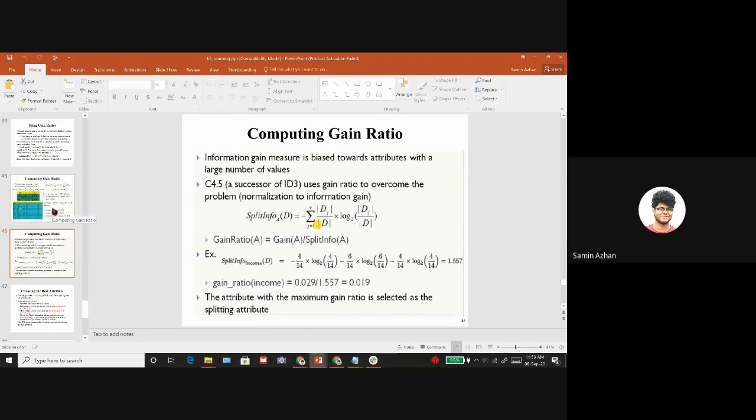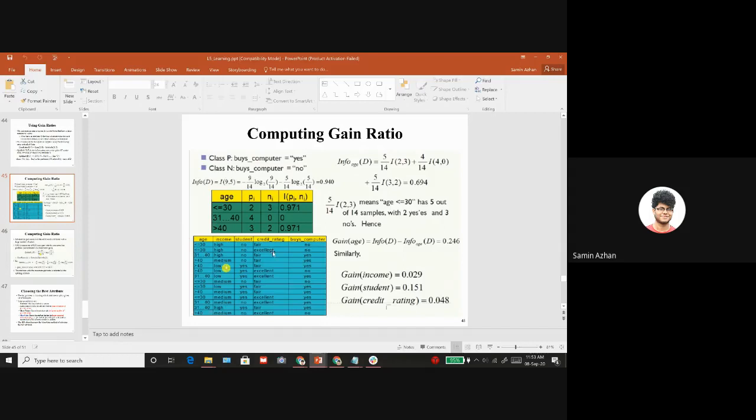Is that clear, how we can calculate split info? For example, if we're trying to calculate the split info of student, we have to see how many possible values there are. There are no and yes. How many no's are there? One, two, three, four, five, six, seven. Seven no's, and seven yes.